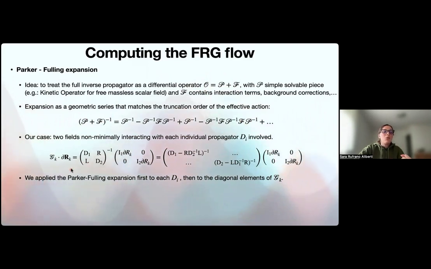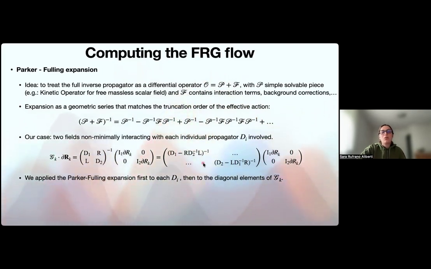Now, in our case, we have two fields non-minimally interacting with each individual propagator. We had to compute this multiplication between the propagator and the derivative of the regulator. So, first of all, we had to invert this matrix, which means computing each element appearing in this matrix. We won't care about the non-diagonal terms because once we multiply these two matrices, we will only be interested in the diagonal elements.